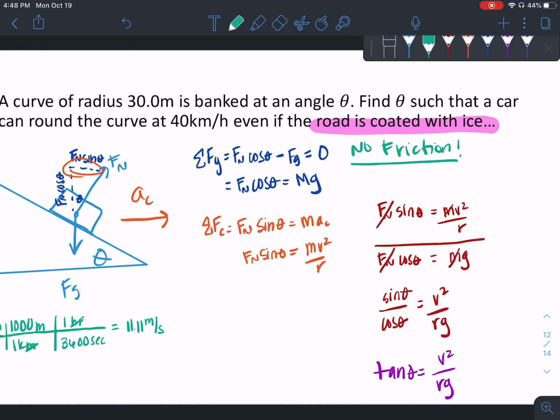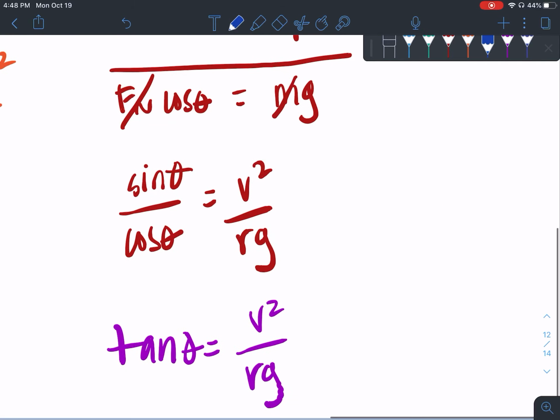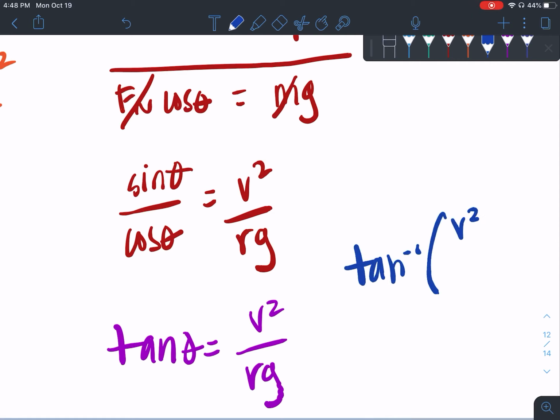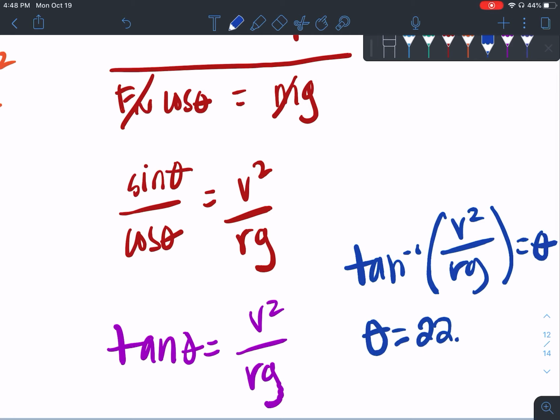And we're going to take the inverse tangent of that value that we just got. When I said second tangent, I meant inverse tangent there, using my calculator. And we get a theta of approximately 22.8 degrees.